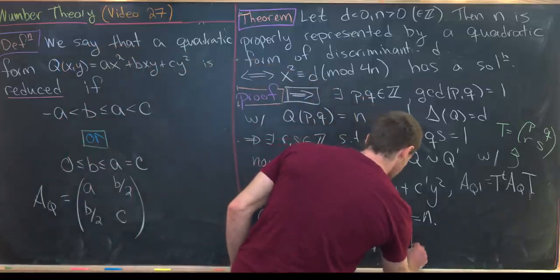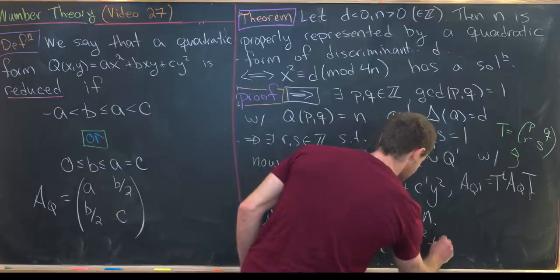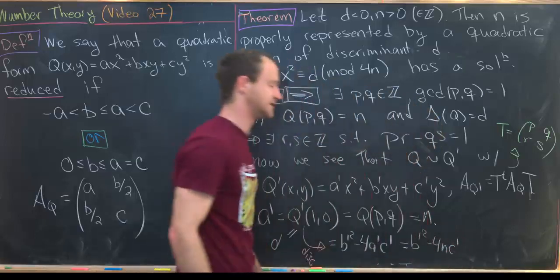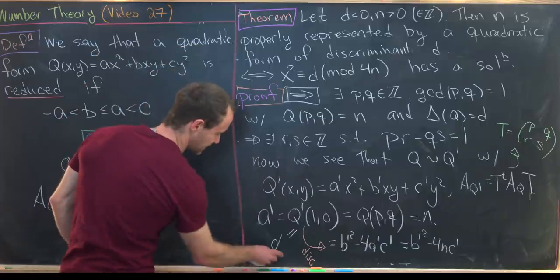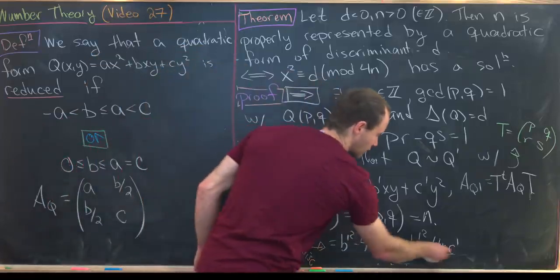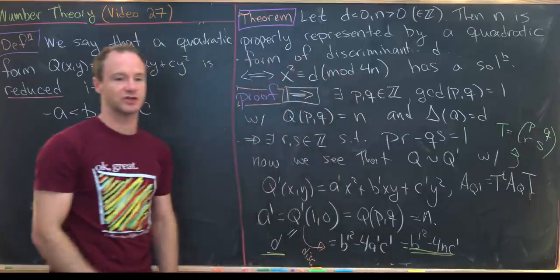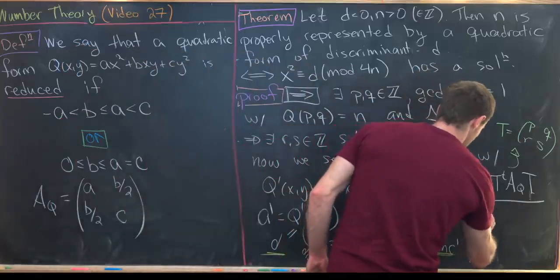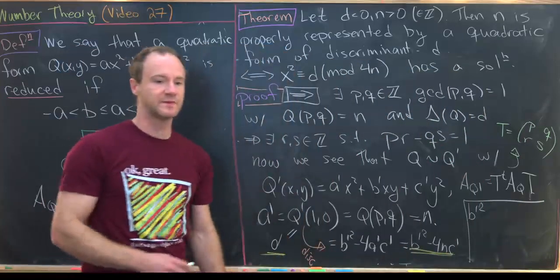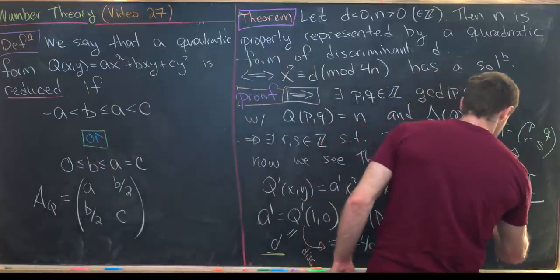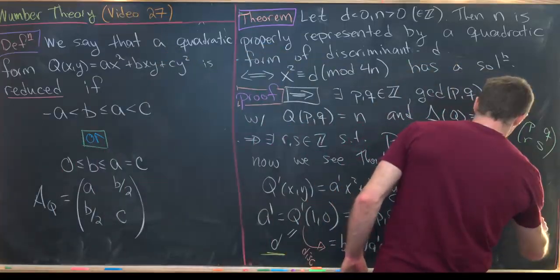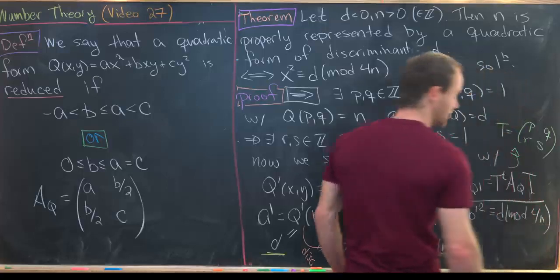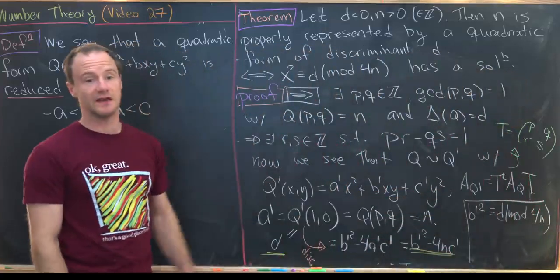So we have b prime squared minus 4n times c prime. But now let's look at the extreme left and right-hand side of this equation. And notice that that tells us that b prime squared is congruent to D modulo 4n, which is exactly what we wanted to end up with.